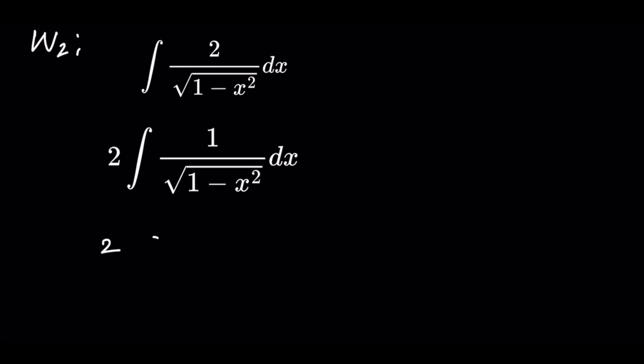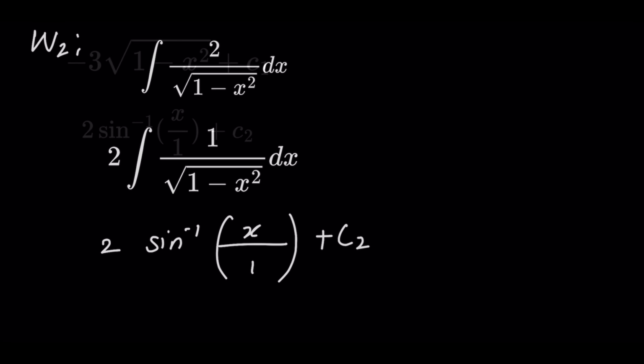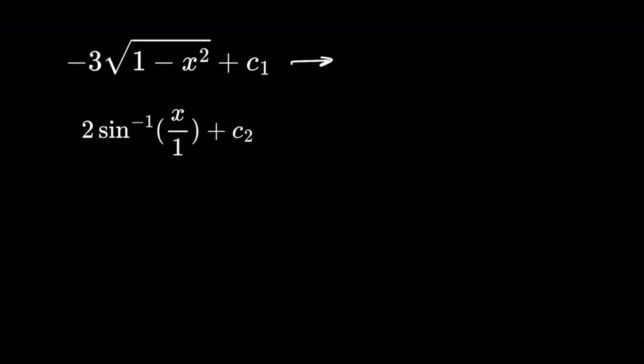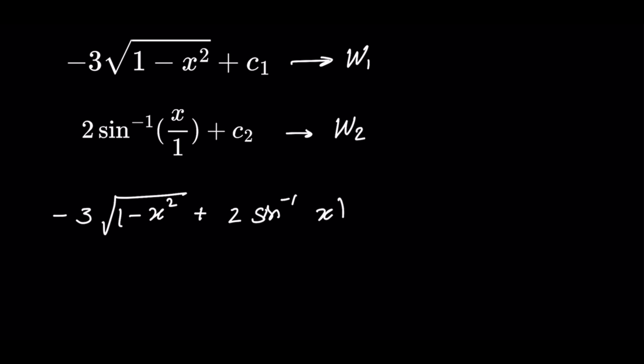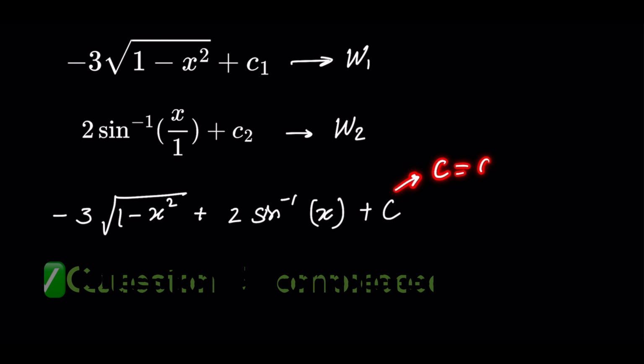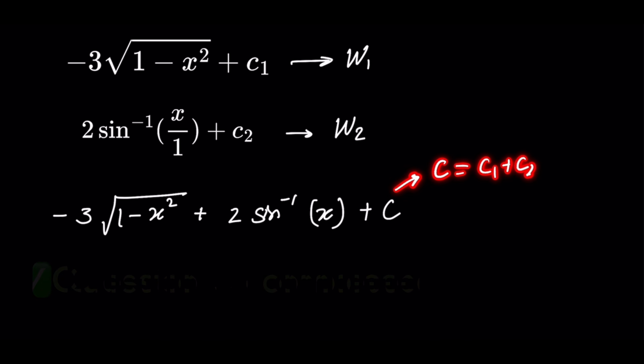So we are going to be left with this. Now that we have completed our first and second workings, we will be placing W1 and W2 back together and write them as a final answer. You can notice that we have only written plus C here because this plus C denotes both the addition of C1 and C2, writing it as simply C.